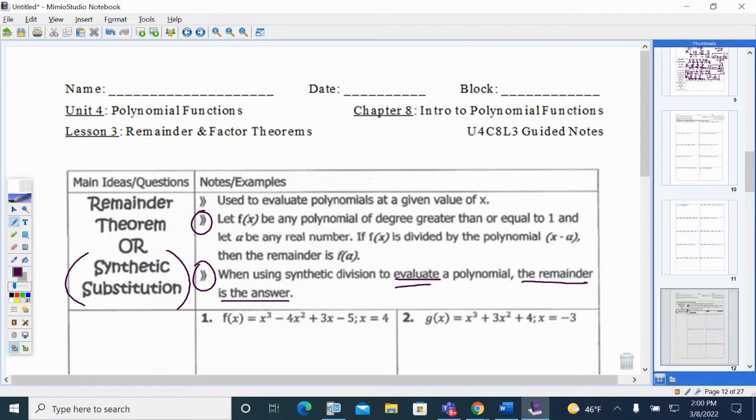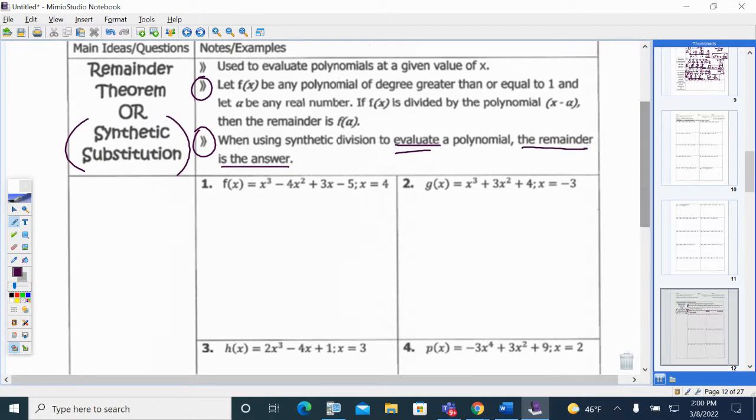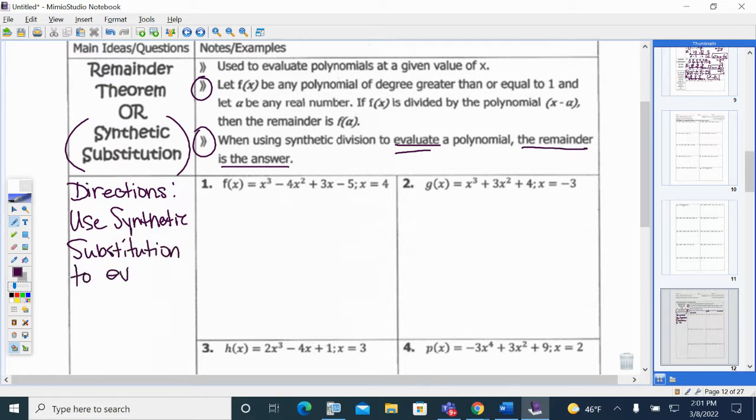So, looking at these examples, the directions have been left off here. So let me write this in really fast. We are going to use synthetic substitution to evaluate each polynomial for the given value.